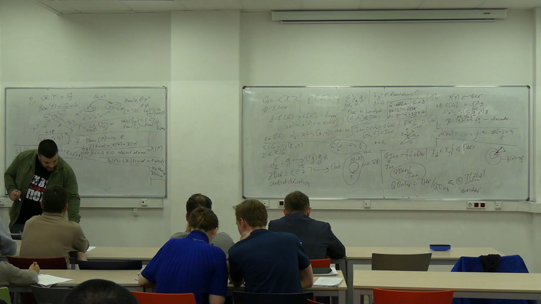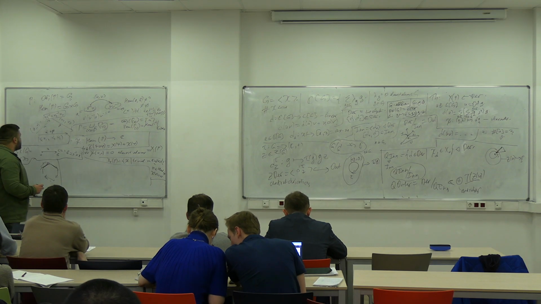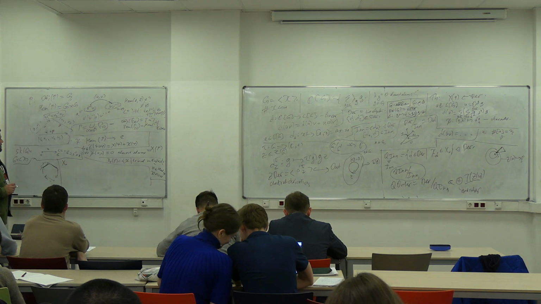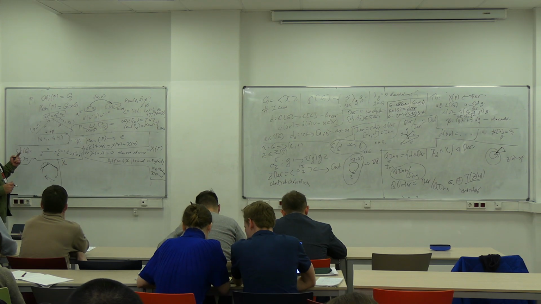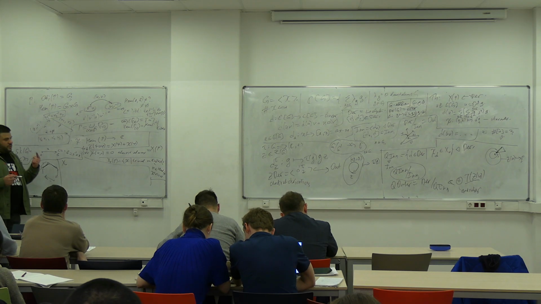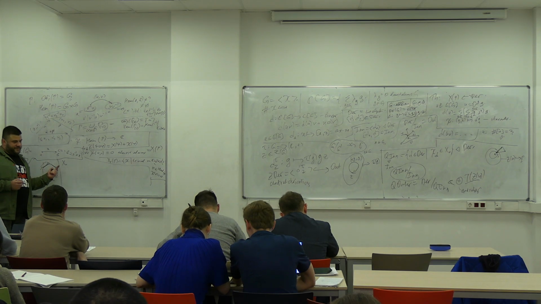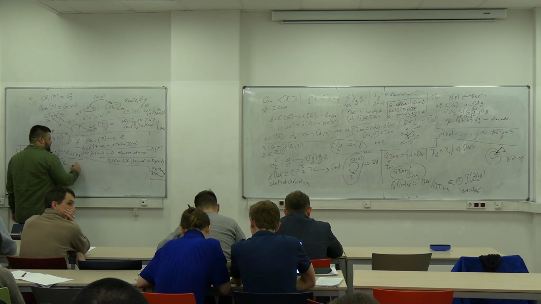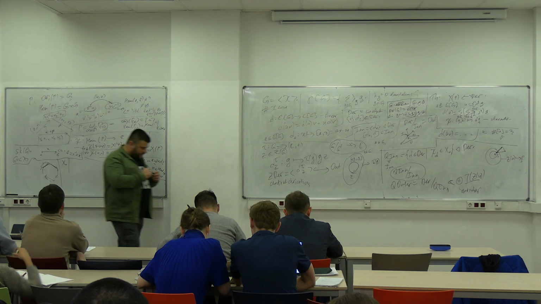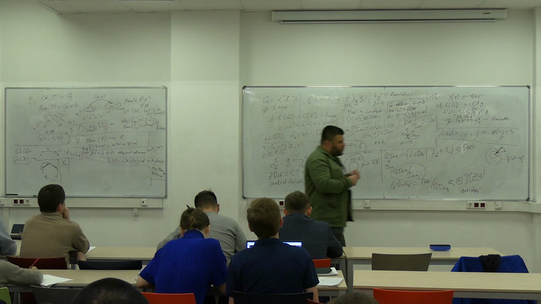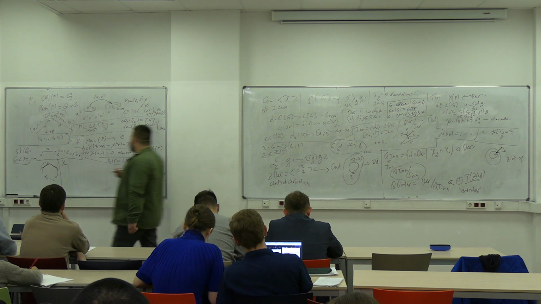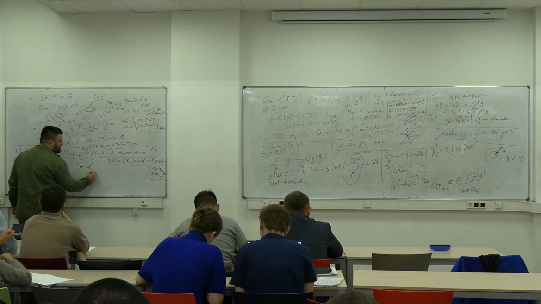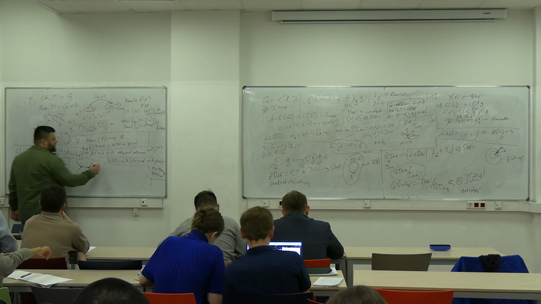So, what I want to say, if you have a character from x0, how does it look for this graph? Before that, another thing. If you have a graph and you have a character on it, then it means the following.